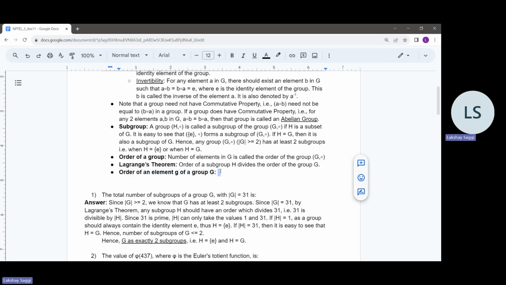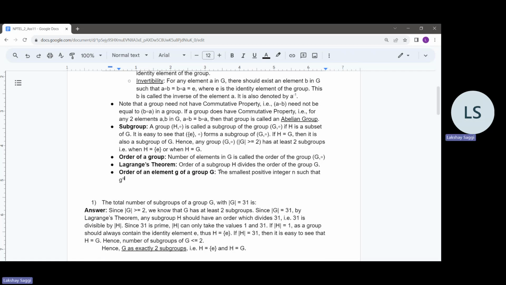And what is this order? It is the smallest positive integer n such that g raised to the power n is e, where e is the identity of group G.